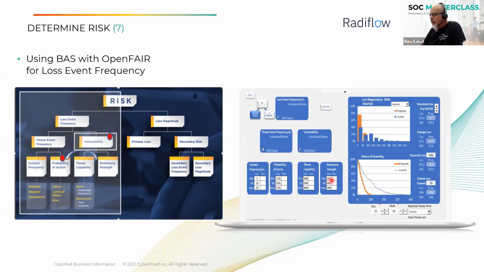From understanding resistance strength, we can then understand the probability of action. Probability of action can be, let's say, the opportunity of a threat actor to hit you. It can be that it's his line of work, and that's what he does in your region and in your sector.